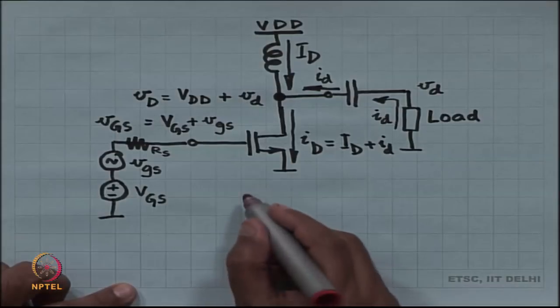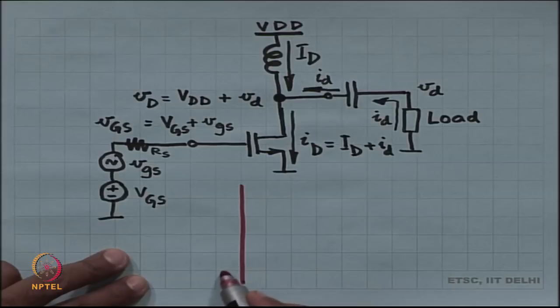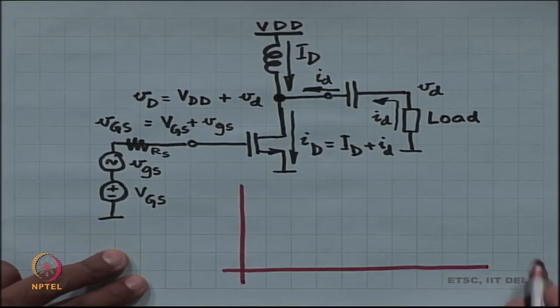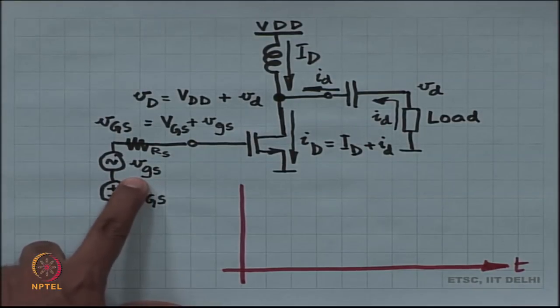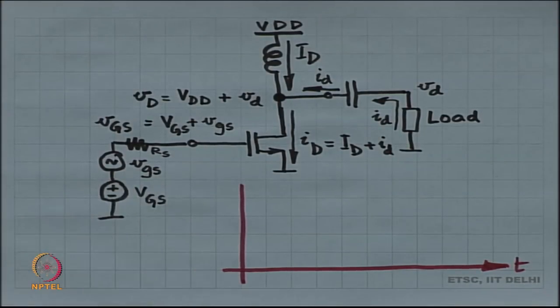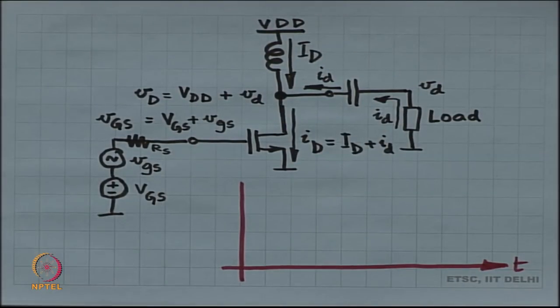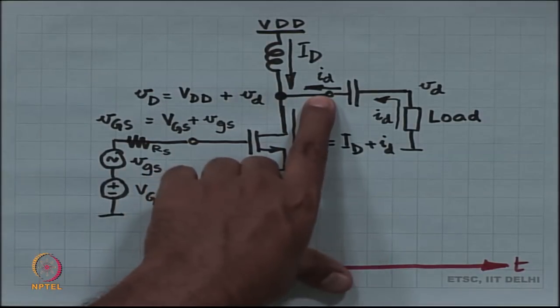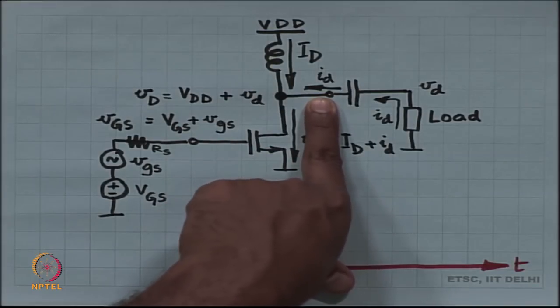So, suppose small VGS is a sine wave, and suppose, just suppose, that this sine wave is going to produce a response in small i_d, which is also a sine wave.